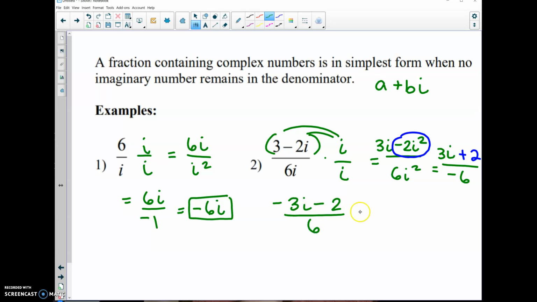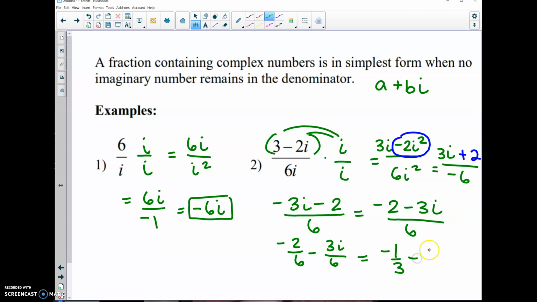Writing that in standard form, let's rewrite -2 minus 3i over 6. We break that up into two fractions. So -2/6 minus 3i over 6. That simplifies to -1/3 minus 1/2 i. You can write i over 2 if you want, but in standard form, this is how you would write it.